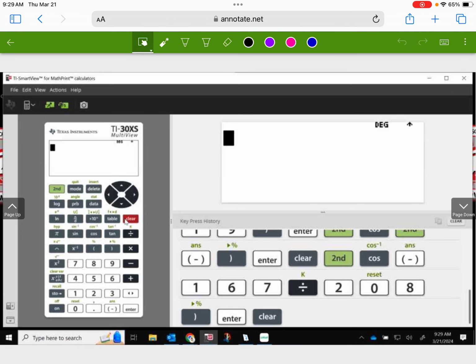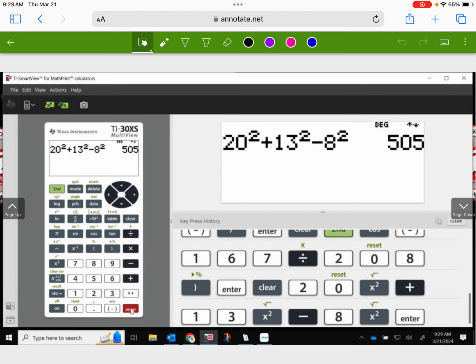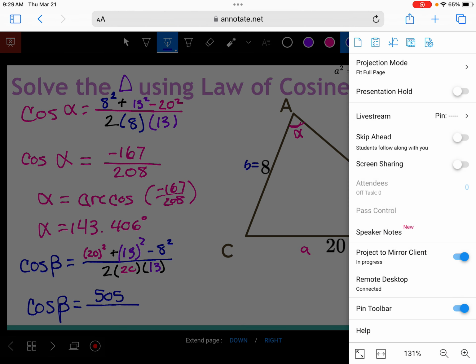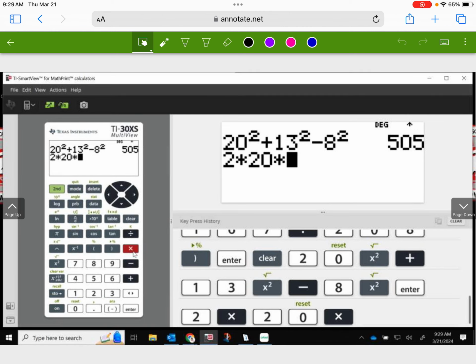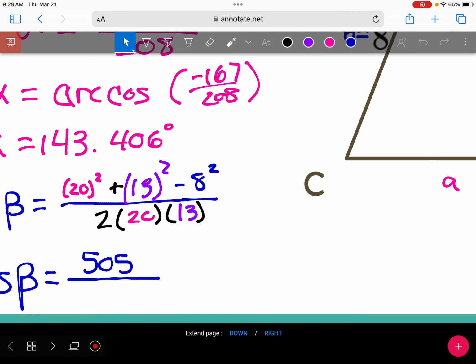There we go. Okay. So I'm going to do my 20 squared plus 13 squared minus 8 squared. My numerator is going to be 505. You probably just did the whole fraction in the calculator and it simplified it, so it's probably the same value. I'm just working with the values I got. So we have 2 times 20 times 13. We got 520. Yeah, everything's divisible by 5 up here.